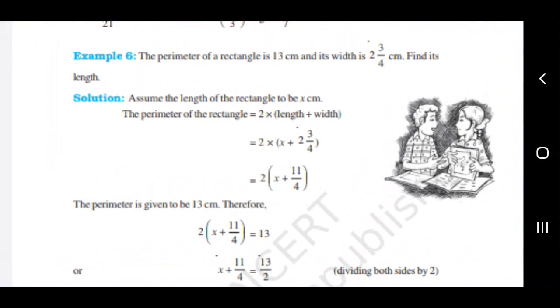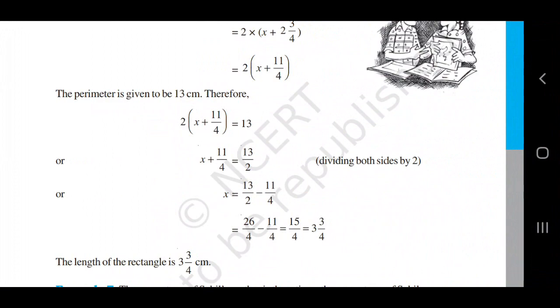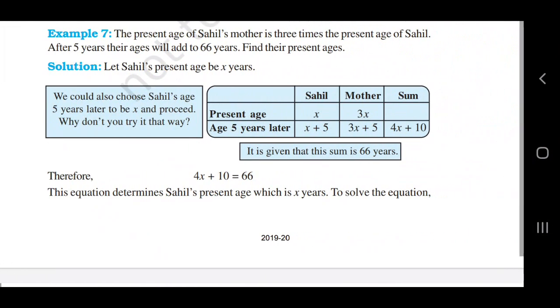The next problem given here. The present age of Sahil's mother is 3 times the present age of Sahil. After 5 years, the ages will add up to 66 years.